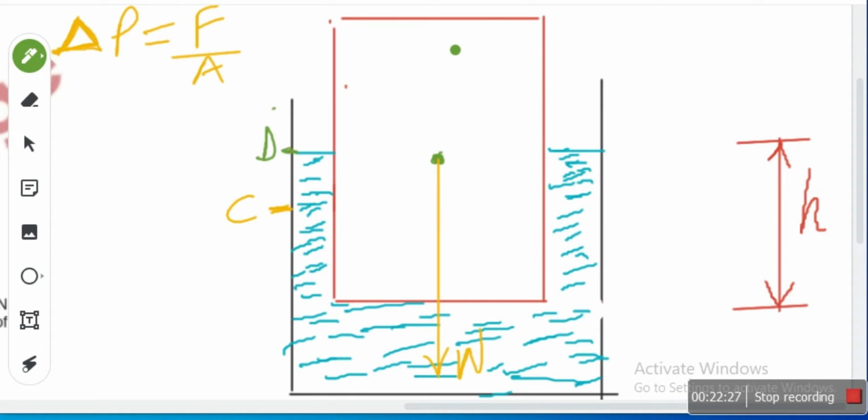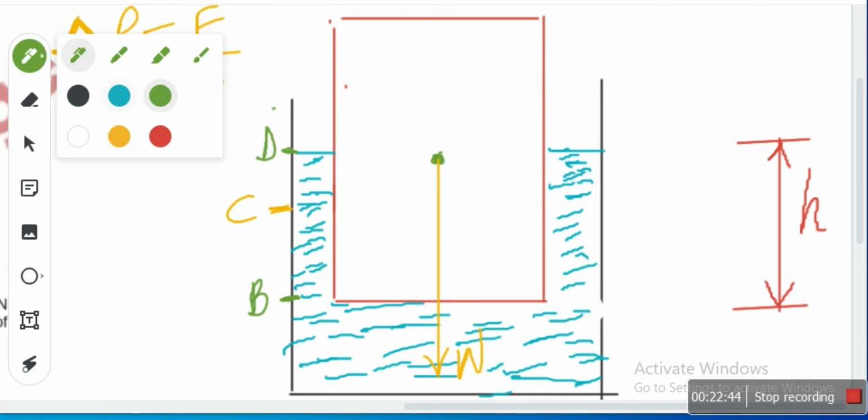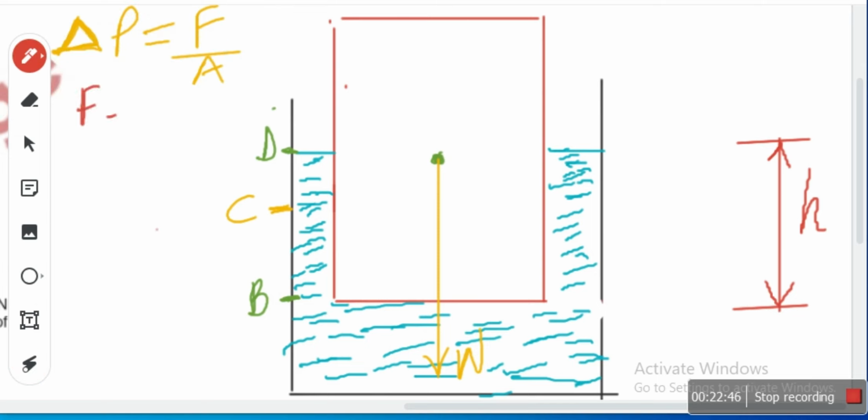The D is here and the B is here. If pressure is force over area, force is pressure times area. Yes, force is weight, but use the formula here. So F is change in pressure times area. Are we good on that? Change in pressure times area.